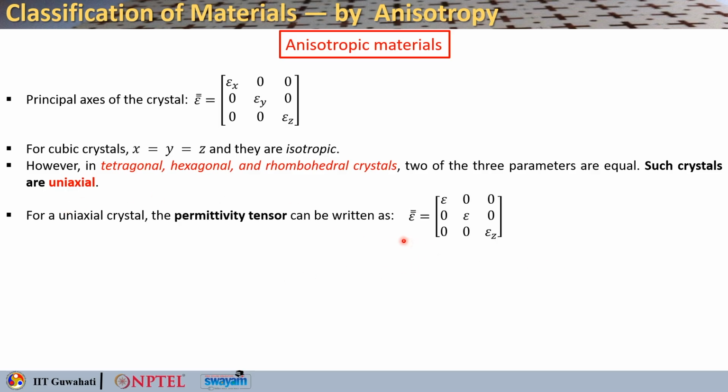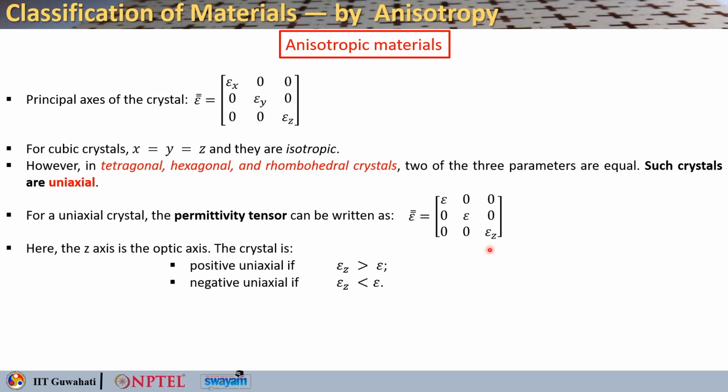So, in a uniaxial crystal the permittivity tensor will look like this. Say epsilon x and epsilon y are equal, and you can just represent them as epsilon. The third one is epsilon z, okay, that is different. Now, it depends on whether epsilon z is larger than epsilon or smaller. If it is larger you call it positive uniaxial, if it is smaller you call it negative uniaxial.